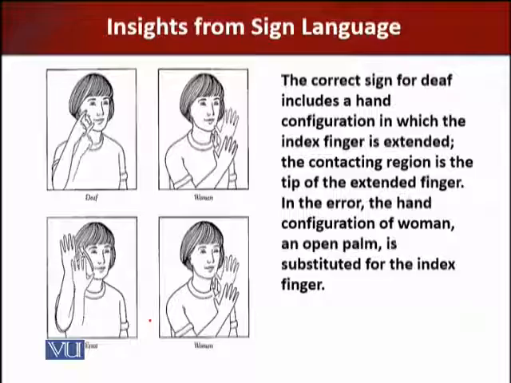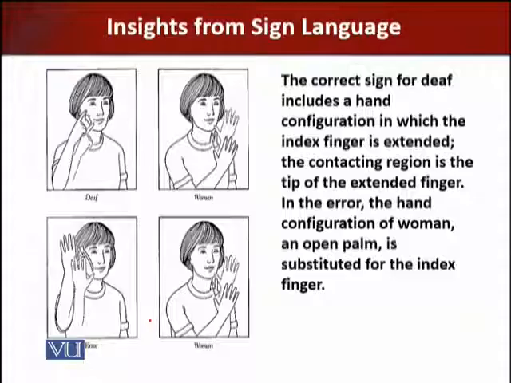So again you see that in terms of morphemes as well, the incorrect placement of the hand's fingers can cause incorrect representation of the gestures, and they are considered errors.